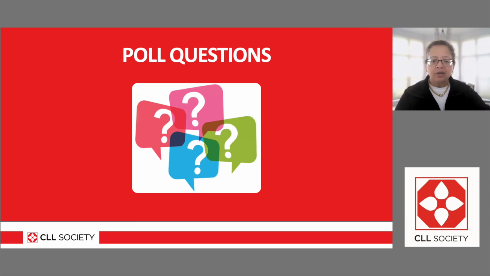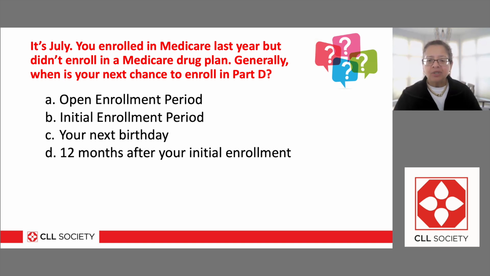Okay, we have another set of poll questions. So let's imagine that it's July. You enrolled in Medicare last year, but you did not enroll in a Medicare drug plan, meaning a Part D plan. Generally, when is your next chance to enroll in a Part D plan?